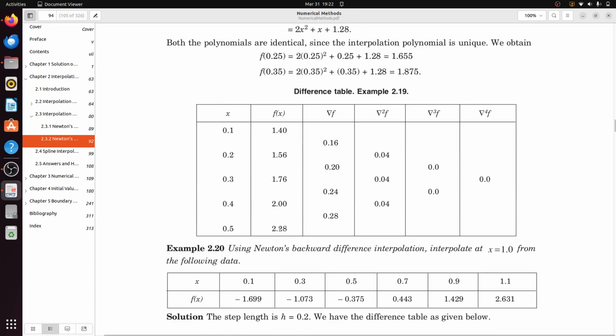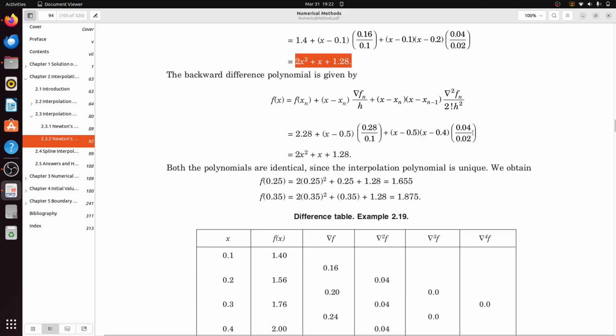Similarly, you construct the backward difference formula. That will be 2.28 plus x minus 0.5 into 0.28 divided by 0.1 plus x minus 0.5 into x minus 0.4 into 0.04 divided by factorial 2 into 0.1 whole square. So that will be this. Priyanka, the forward difference and backward difference tables are the same and the interpolating polynomials are the same.